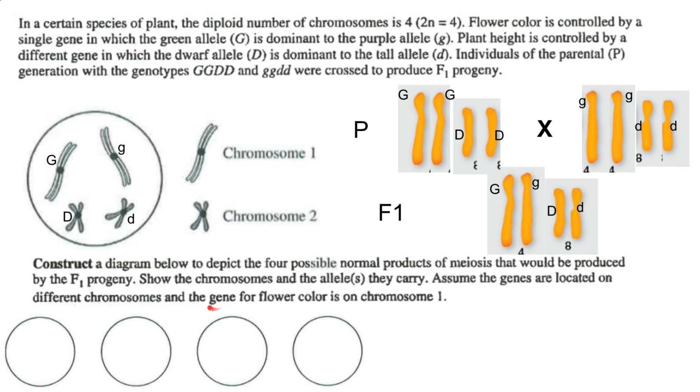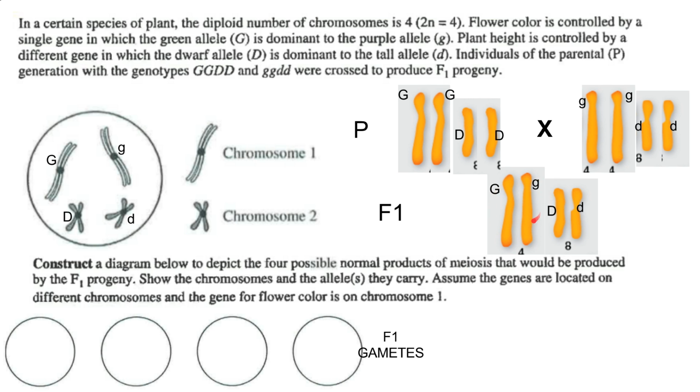And so you're supposed to, the flower color is on chromosome 1. So that's why I put the G's on these ones here. So F1 gametes. What possible combinations can we have here? If we go back to that idea of 1, 2, 3, 4, 1 and 3, 1 and 4, 2 and 3, 2 and 4, that'll give us our different possible combinations that will be haploid.